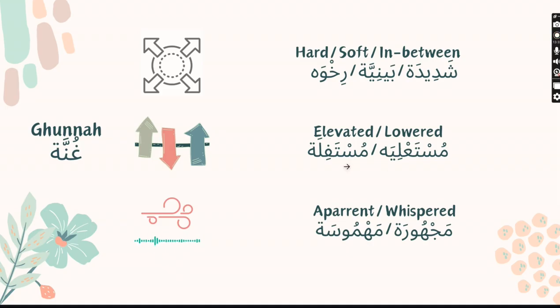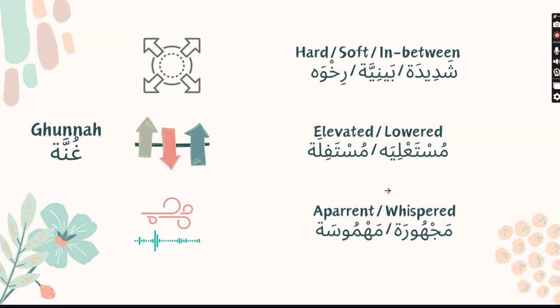But if it has a kasra, then I will say ri, rijal, ri. When it is elevated, when it's musta'liya, we can recognize that the middle part of the tongue goes down, the furthermost part of the tongue rises up, and the throat is narrowed. So when we say ra, ru, you can feel this.